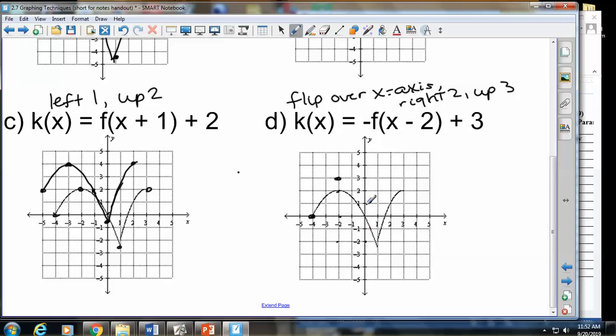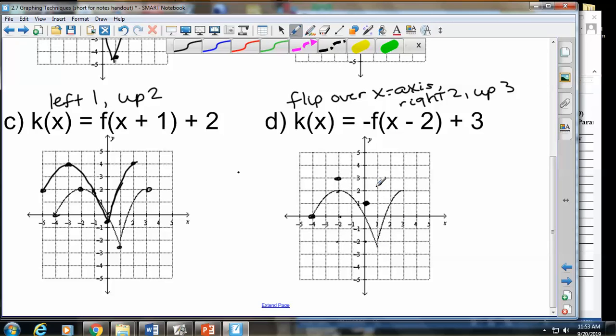Then right 2, up 3. Okay, if I take 1, -2.5, and flip it, it goes up to +2.5. Right 2, up 3. Should I only go up 2 on that?